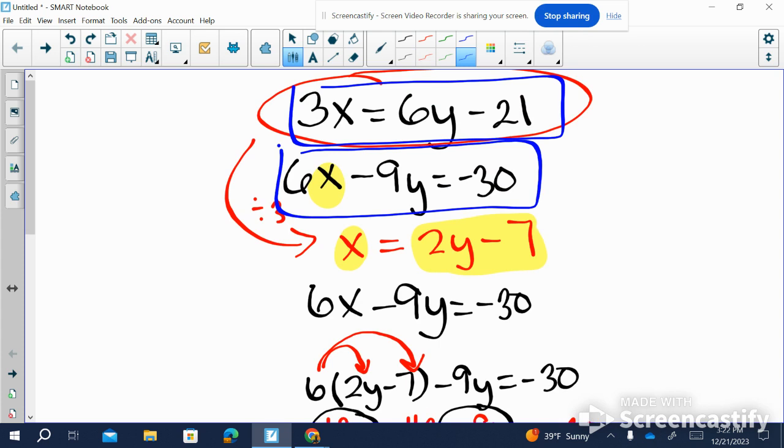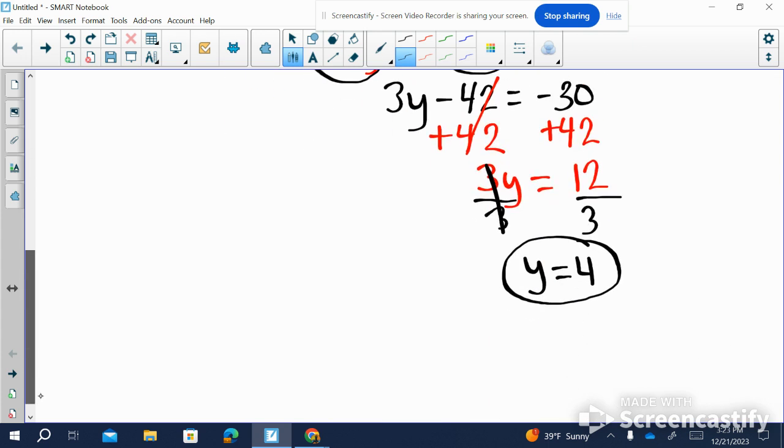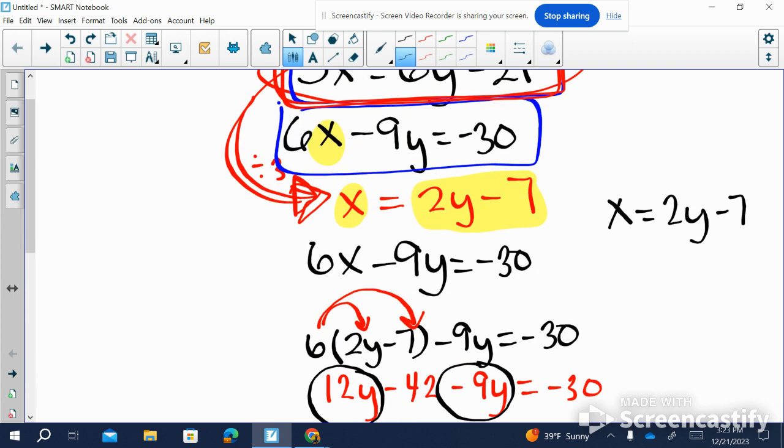Well, I do know that I did manipulate this top one, and it's the same thing as this, so I can use x equals 2y minus 7 and the value of y being 4 to solve for x. x equals 2 times y minus 7.